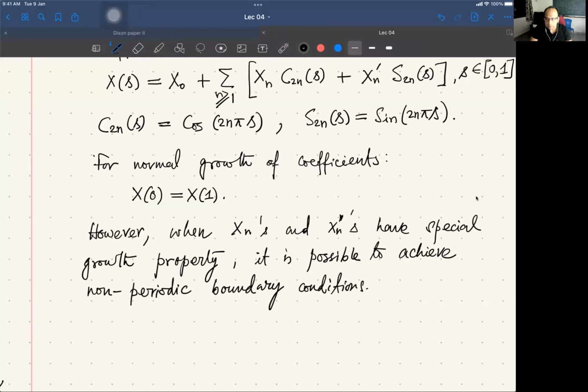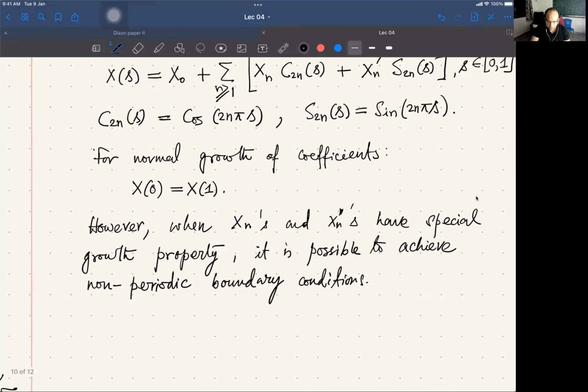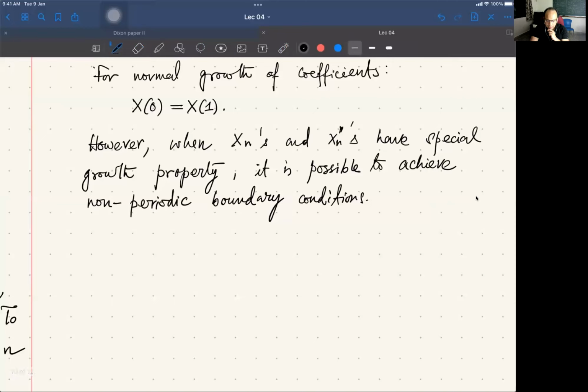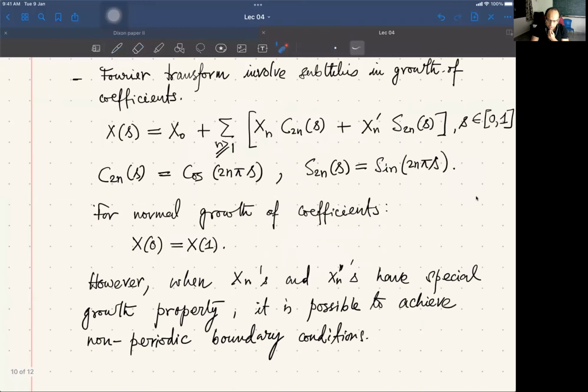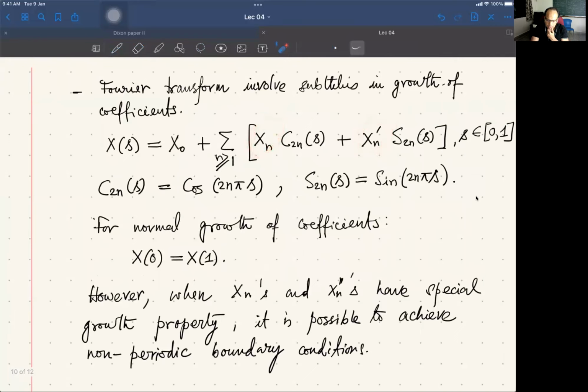Here we will not discuss how exactly these different types of growth properties of non-trivial coefficients, for which the boundary conditions are non-periodic, arise.